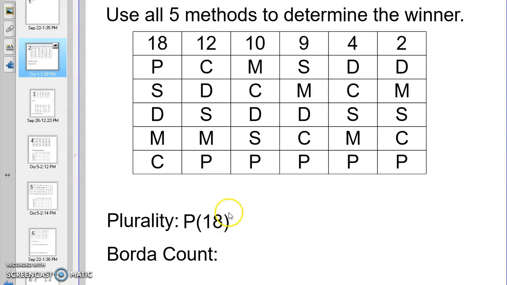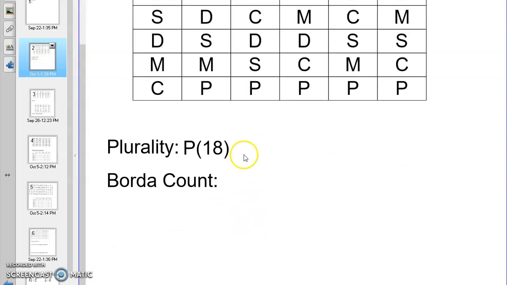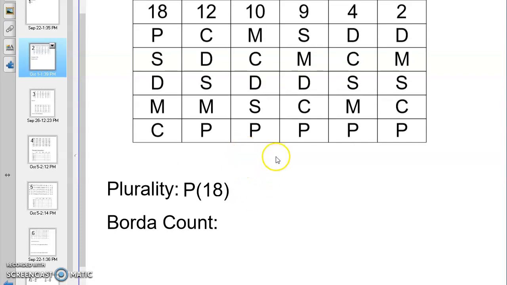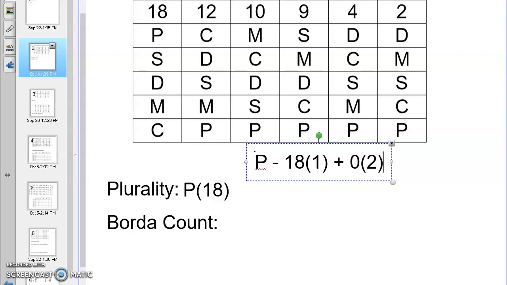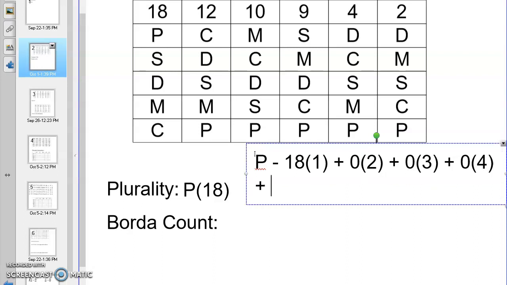Okay. Now as we move to Borda count, I have to extend the page here a little bit, and I'm going to try and keep everything in the screen. It goes something like this. So P has 18 first place votes, 0 second place votes, 0 third place votes, 0 fourth place votes, and it has 37 fifth place votes.